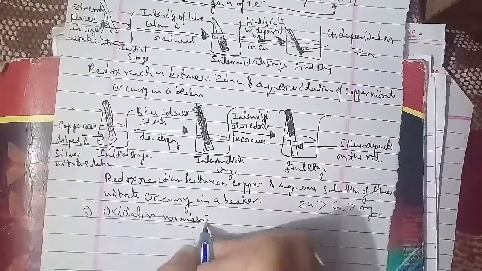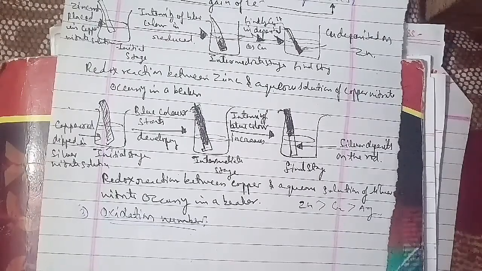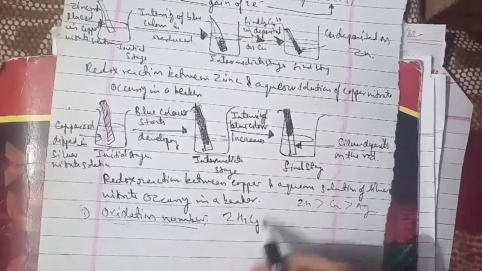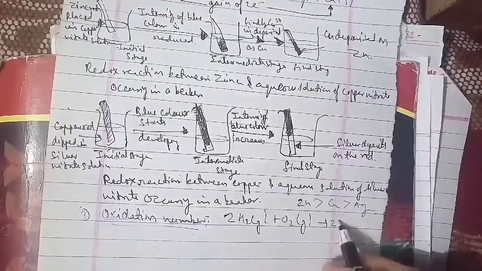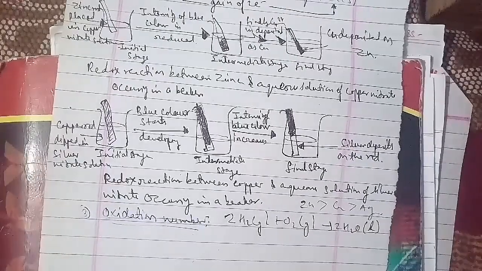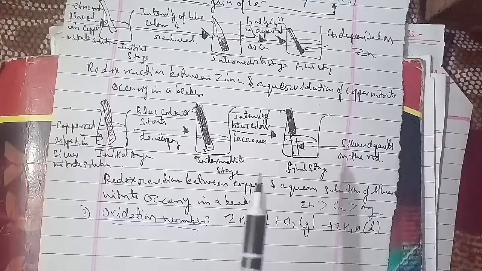Though not simple in its approach, we can visualize the hydrogen atom as going from a neutral zero state in H2 to a positive state in H2O, and the oxygen atom going from zero state in O2 to a negative state in H2O. It is assumed that there is an electron transfer from hydrogen to oxygen, and consequently H2 is oxidized and O2 is reduced.